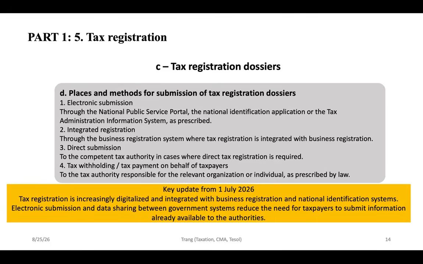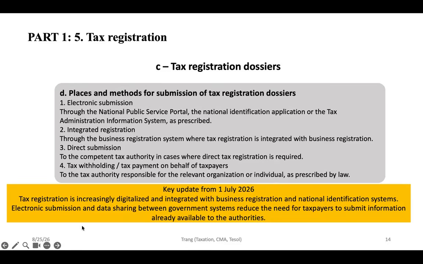Now, I want everybody to look closely at the bottom of this slide. There is a key update effective from July the 1st, 2026. The main key takeaway here is that tax registration is becoming increasingly digitalized and integrated with both business registries and the national ID system.